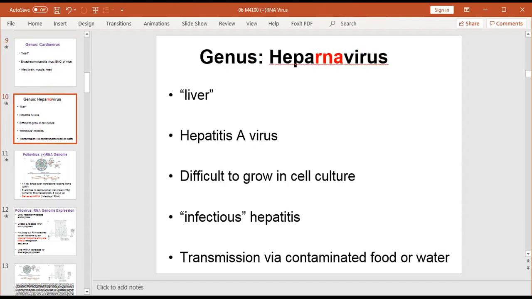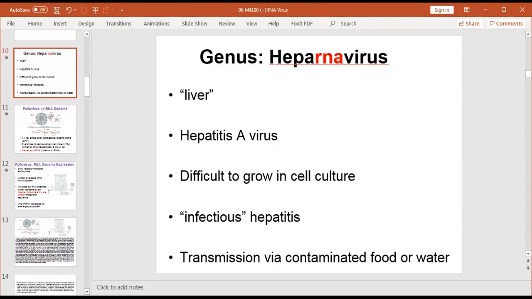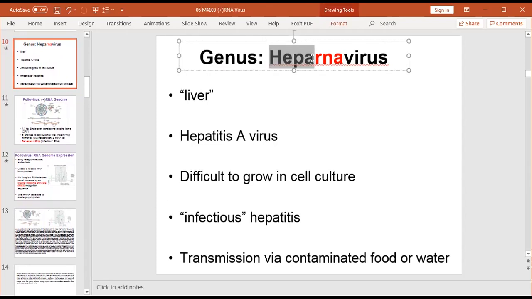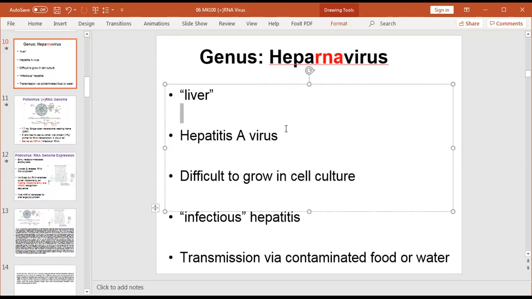Slide number 10. Another genus of Picornaviridae is the genus Heparnavirus, hepa meaning liver, RNA viruses. A prime example of a virus within this family is called hepatitis A virus.